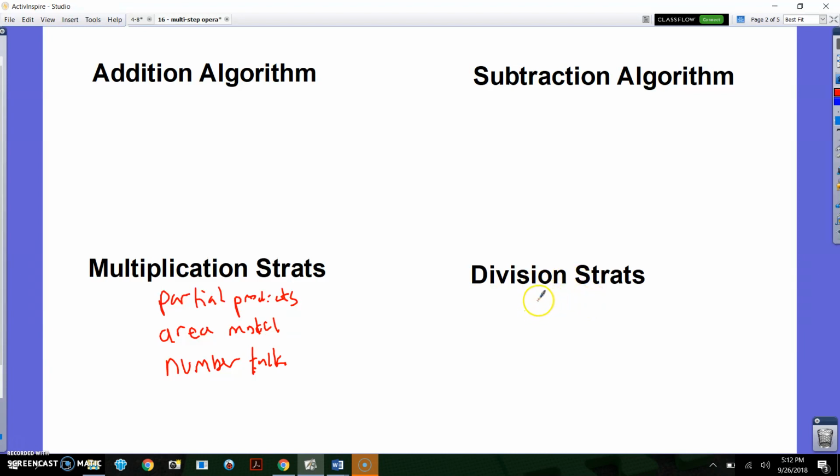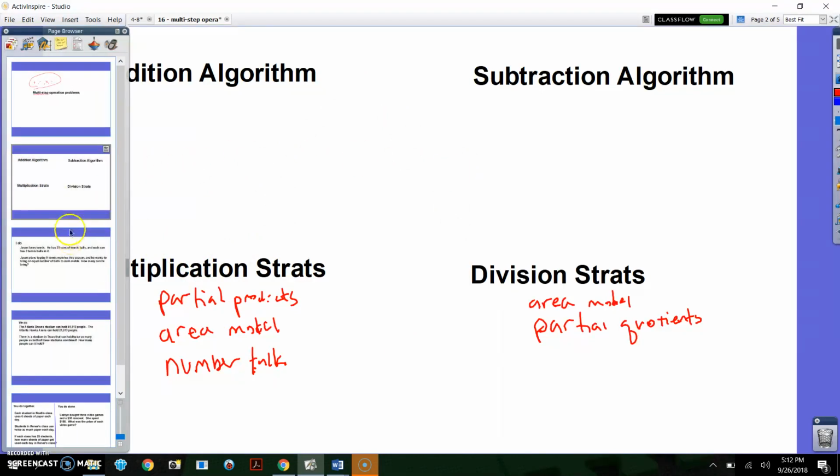Division, we've learned the area model as well, and the partial quotients method. And so we spent a lot of time getting really good at these operations. Hopefully you are getting good at them. And so we're going to work on the most distinguished of problems today, which require you to do more than one of these in the same question.